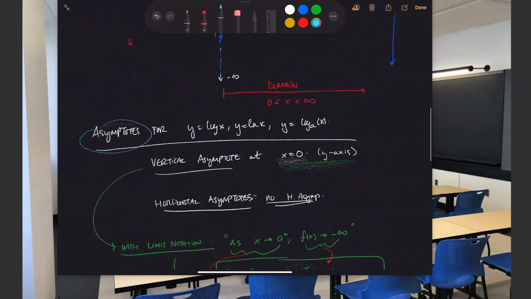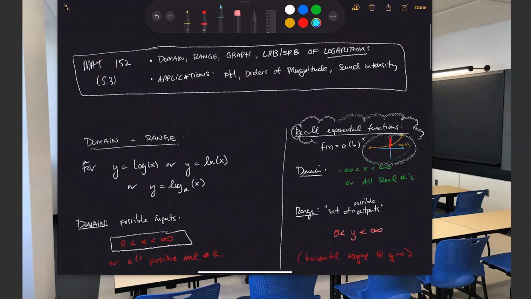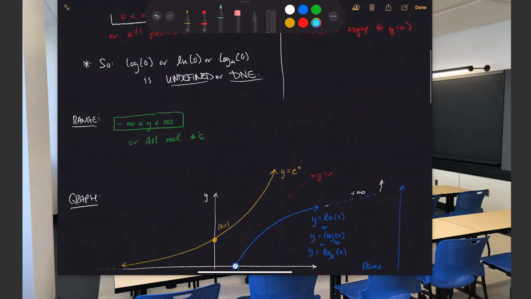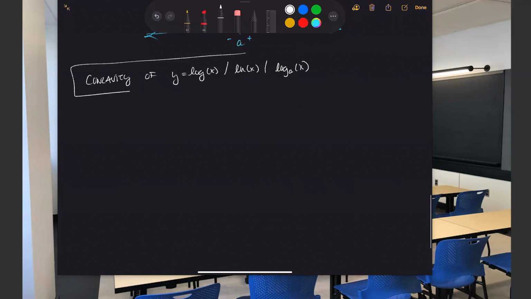Okay, one last note while we're talking about the shape of this thing, and then we'll get into some cool applications, is the concavity of it. So again, what do we mean by concavity?